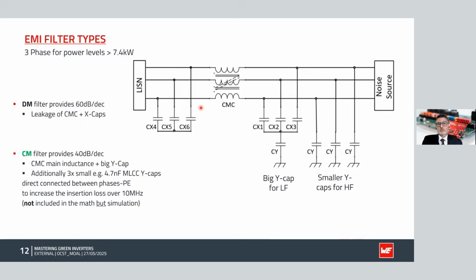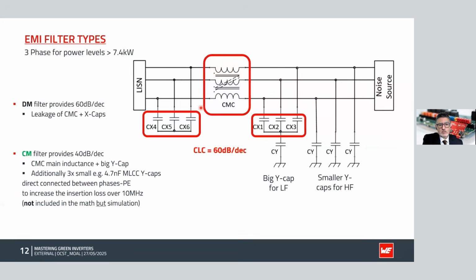That's what we will see on the next slide here, with the leakage inductance and the X capacitors working together to give us at least 60 dBs with a pi filter that we have got set up here. And this is in green, the common mode filtering that we can also achieve with these Y capacitors and the common mode choke, the 3-phase common mode choke as well.